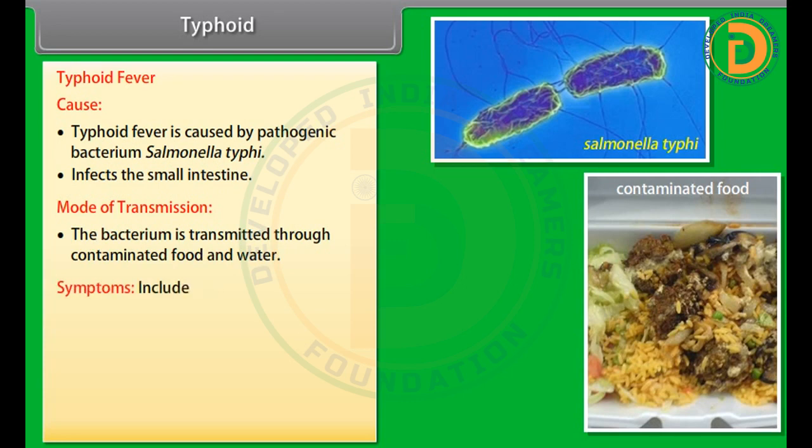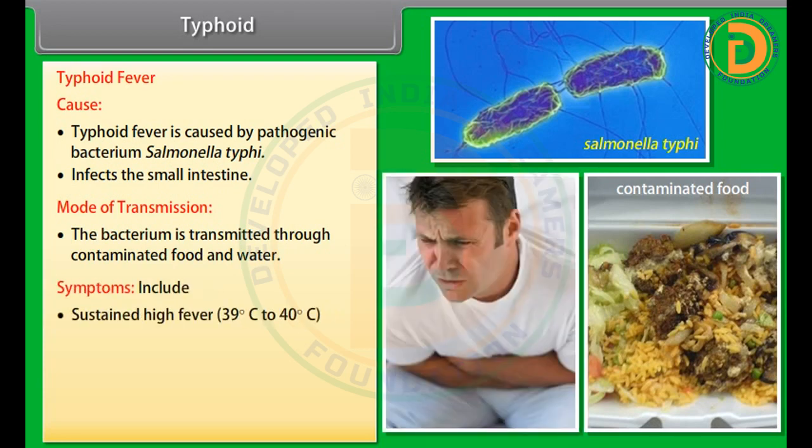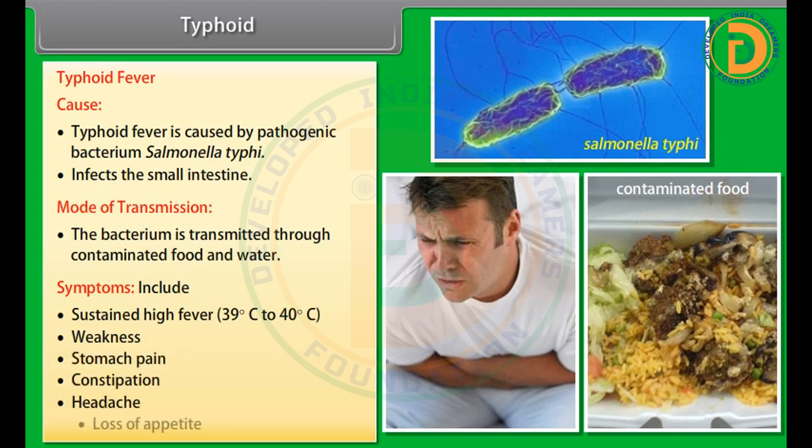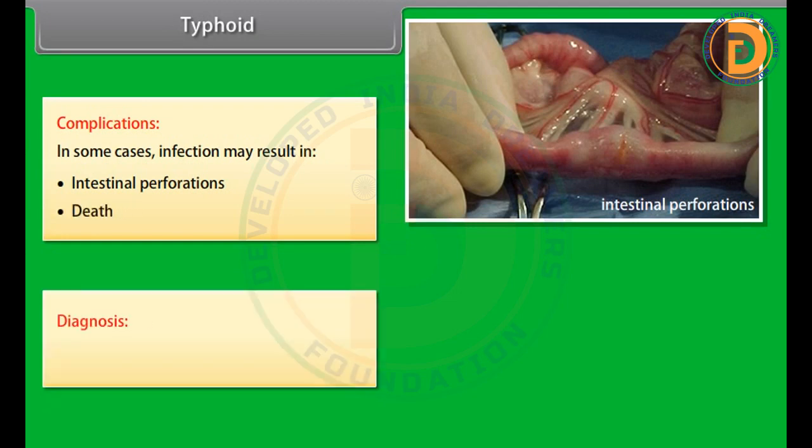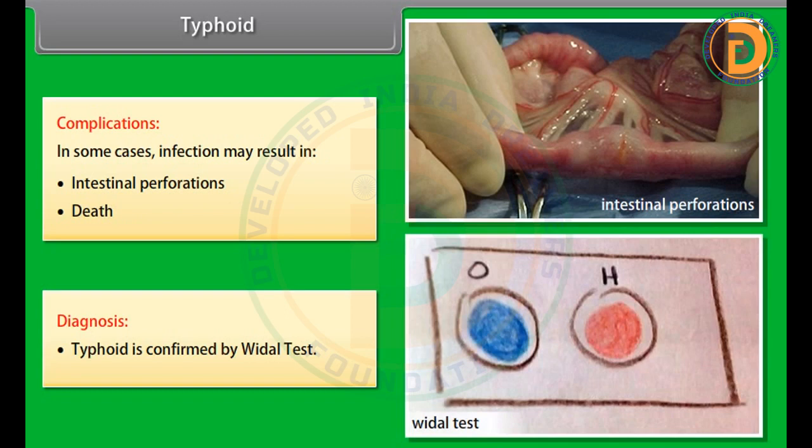Symptoms include sustained high fever of 39 degrees Celsius to 40 degrees Celsius, weakness, stomach pain, constipation, headache, and loss of appetite. Complications. In some cases, infection may result in intestinal perforations, death. Diagnosis. Typhoid is confirmed by Widal test.